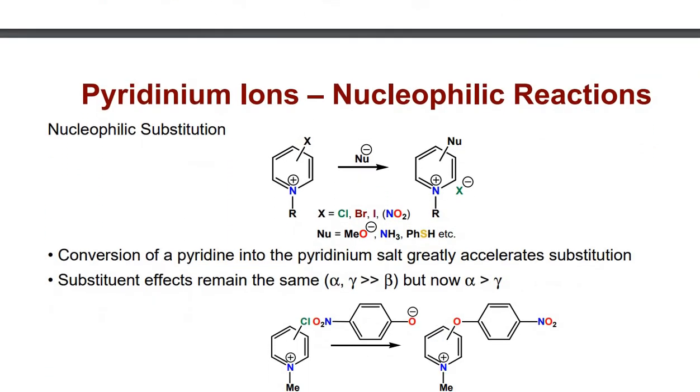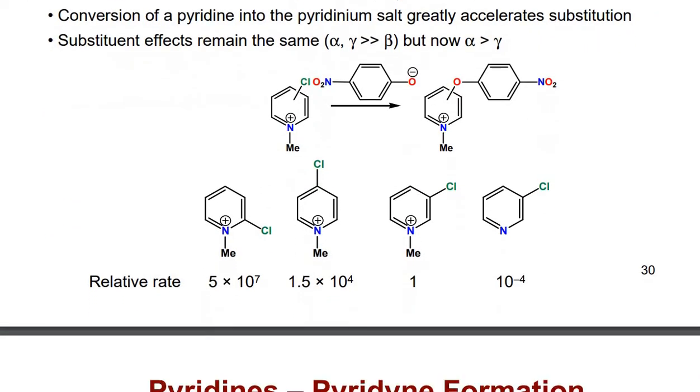Now nucleophilic substitutions: conversion of pyridine into the pyridinium salt greatly accelerates substitution, and the substituent effects remain the same. Look at here, and then again look at the relative rate, and that is very important.